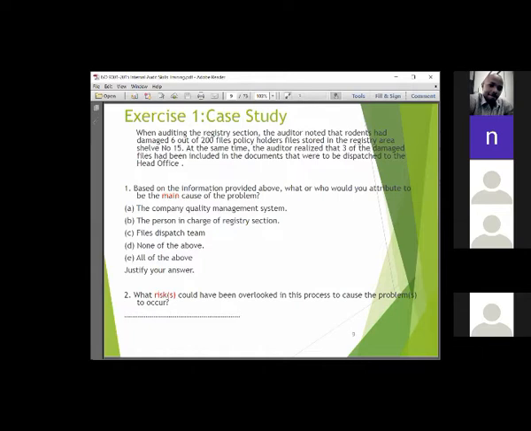I think one risk that may have been overlooked would be the risk of the file dispatch team dispatching damaged files before the approval process, before the files are dispatched.